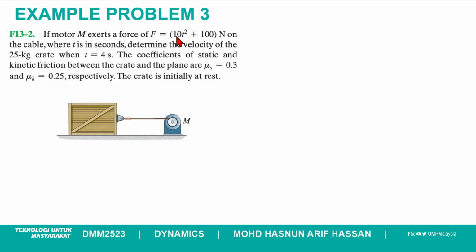Force is equal to 10 t square plus 100, meaning that the force berubah mengikut masa. Okay, so that is the difference between the previous problem and this one. And again, we need to determine the velocity of the 25 kg crate when t equals to 4 seconds.